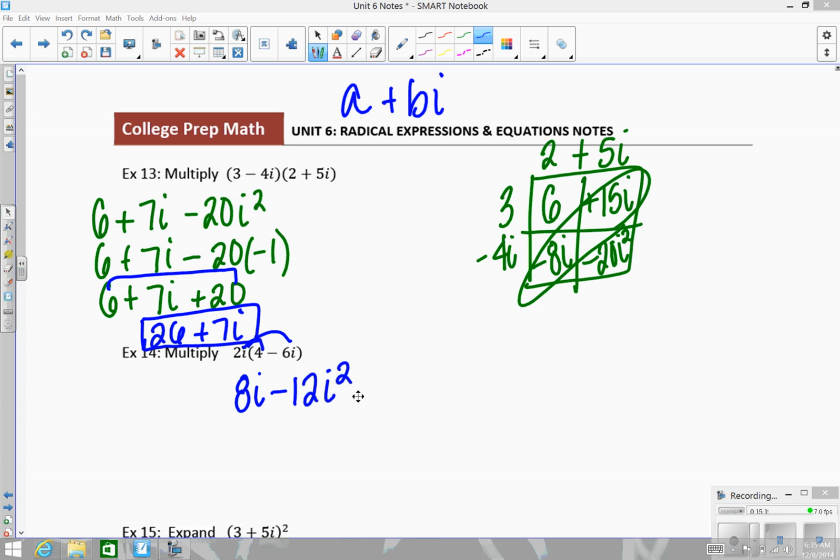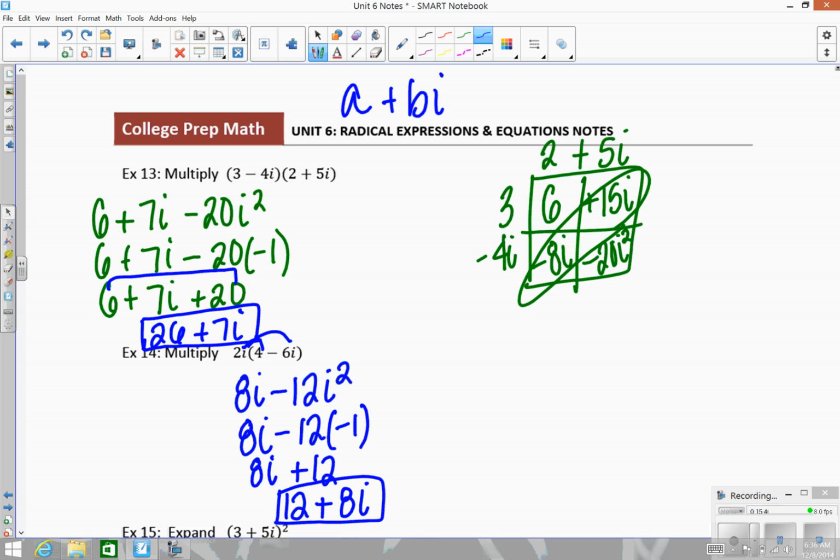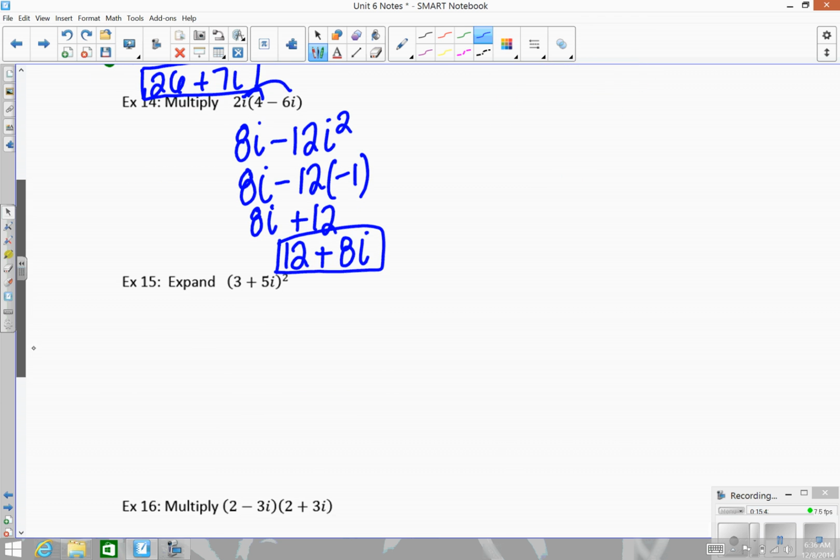So that means i to the second I can actually rewrite as -1. So you just have to remember to reduce that. So 12, put in the -1, so we get 8i plus 12. And then to make this a plus bi form, you just have to flip these. So that's it for that.